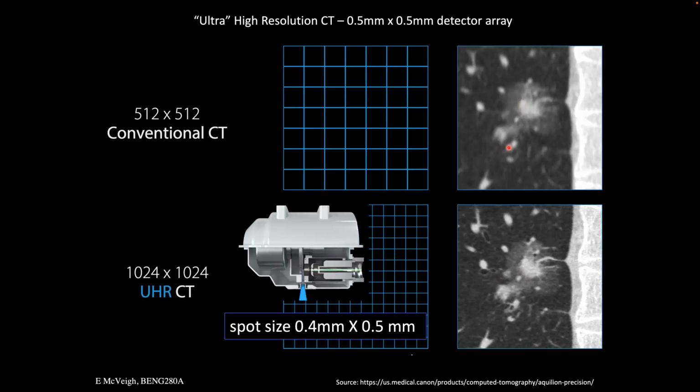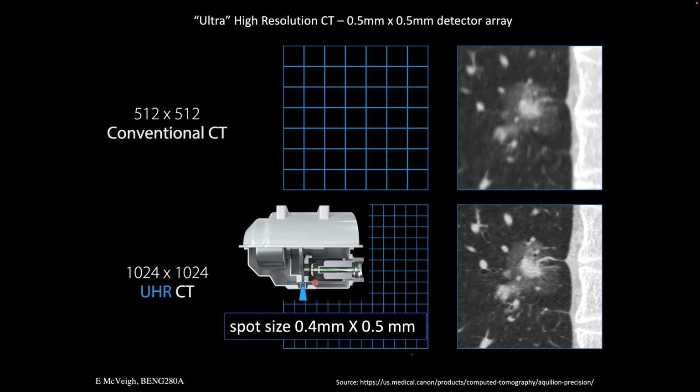One catch, obviously: what's going to affect my full width at half max? If you don't change your X-ray tube and it's still producing X-rays with a 1 millimeter spot size, then just because your detector's higher resolution, you're not going to get higher resolution pictures, because the X-rays are still coming from the same spot.